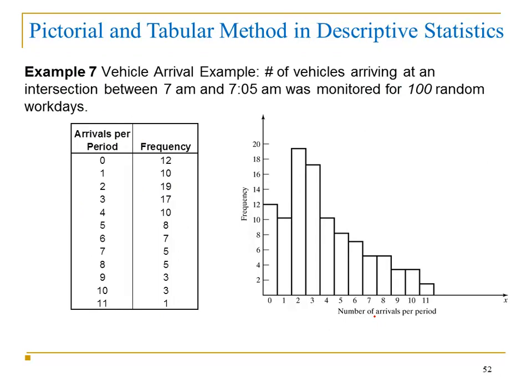So, for example, let's say we're looking at a traffic intersection, and we want to know how many arrivals, or how often you see 0 observations, how often you see only one observation.